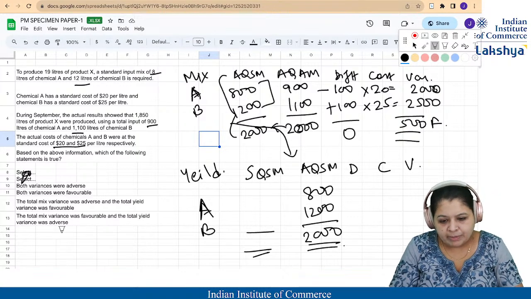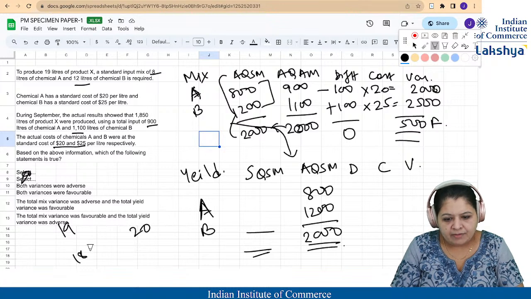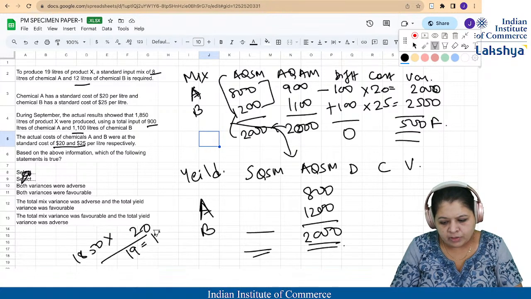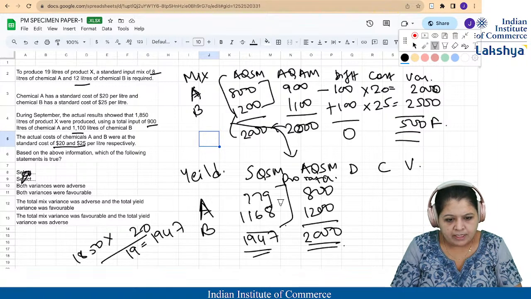That is where your cross multiplication comes into the picture, which is for 19 liters and your 20 liters, right? So what you will do is 1850 into 20, and then you will divide that by 19, right? So you'll get your value, which is 1947, right? And then you divide this pro rata, or in proportion, to give you a value of 779 and 1168, right?